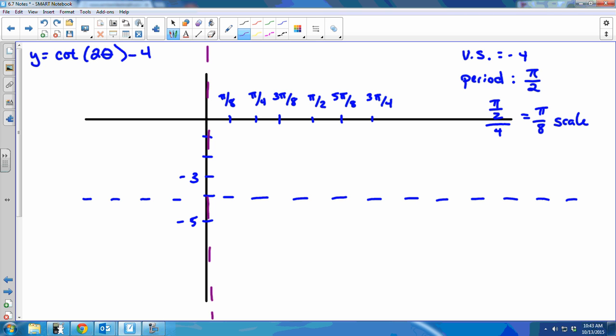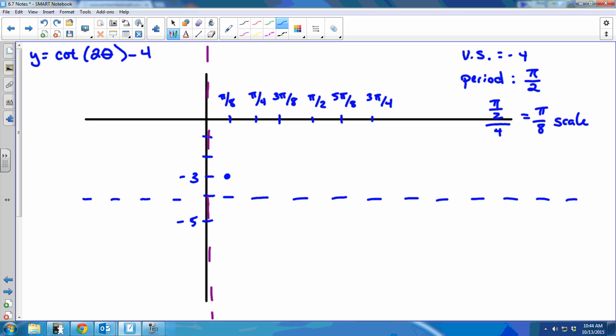All right, for cotangent then, the pattern is maximum, midline, minimum. It's not really maximum or minimum, but the high point, middle, low point, asymptote. And then I keep saying high point, low point, that we know goes to infinity and negative infinity, right?